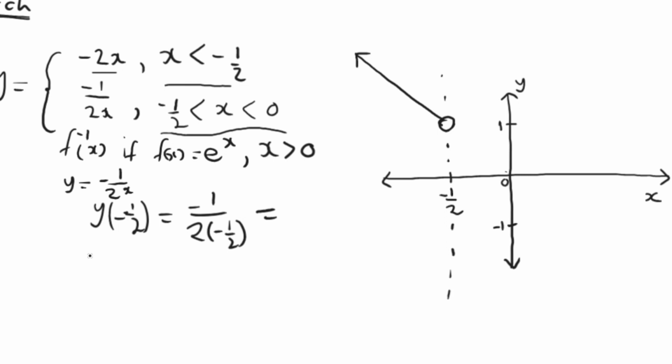Negative by negative will turn to a positive, and then you have 1 divided by this whole thing here, which is nothing but 1. 1 divided by 1 is 1. So the function is at 1. At the x value that is minus 1 over 2, the function was supposed to be at 1. But now we cannot draw it at 1. We must draw it just after 1, and up.